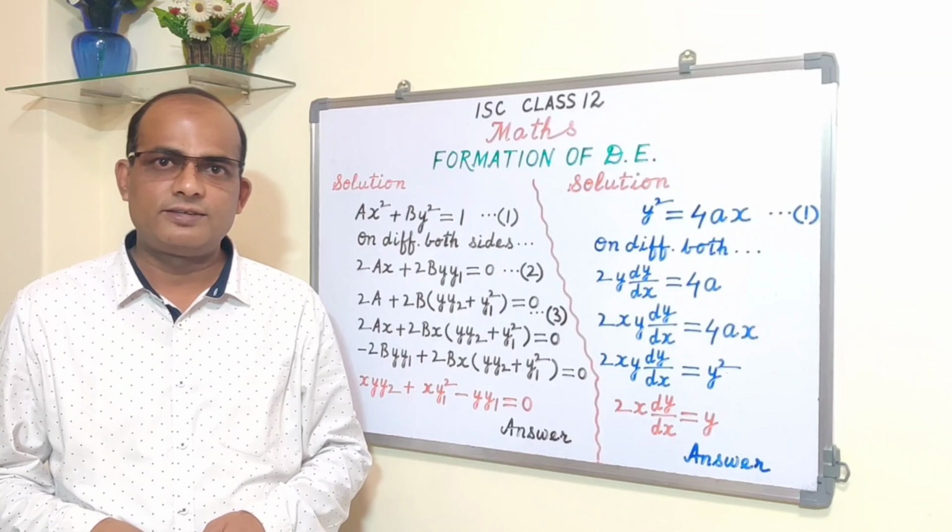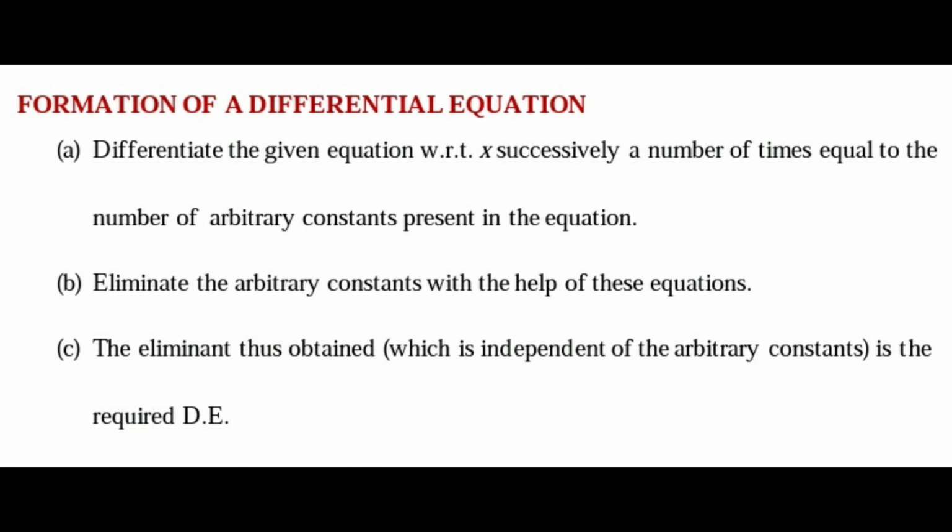See these points. There are 3 points. See point A. What we are going to do? Differentiate the given equation with respect to x successively a number of times equal to the number of arbitrary constants present in the equation.